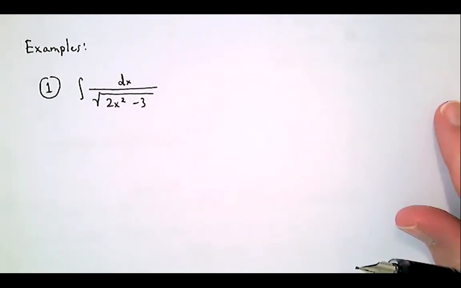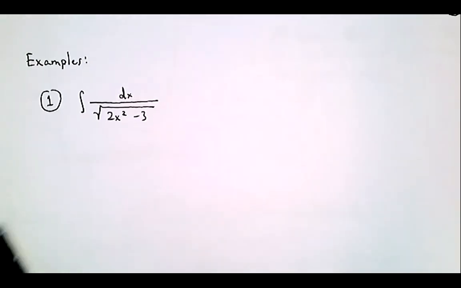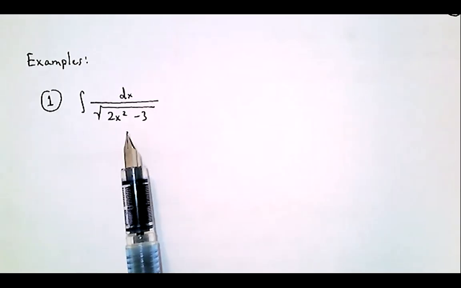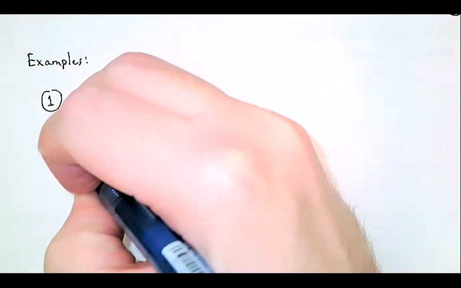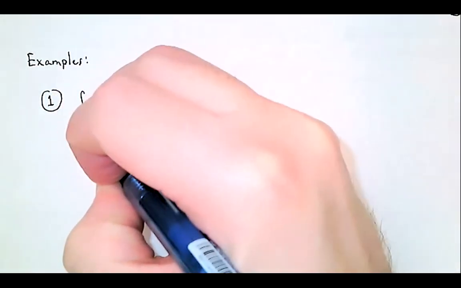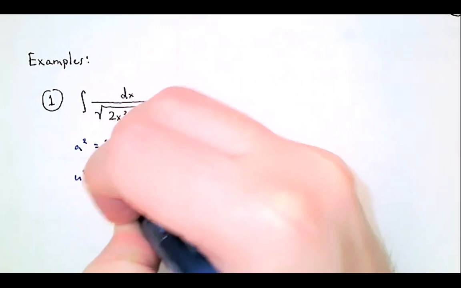Okay, let's get some of those papers back out of the way. So we have to identify the constant and the function. So a squared is going to be 3. And then the u squared comes from the first guy, 2x squared.